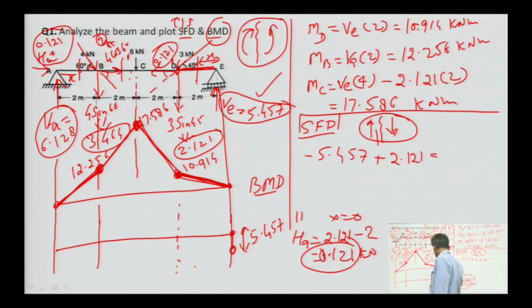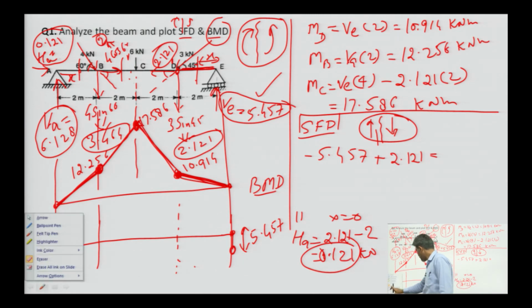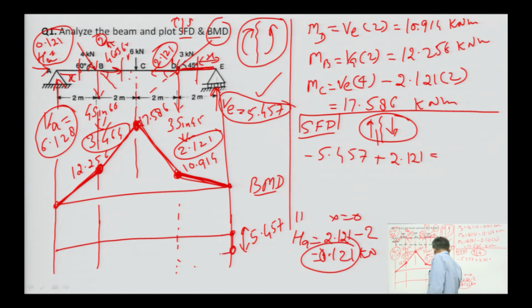Okay. So, we draw a straight line here, and it is going minus; minus will remain the same here. This and this one value, let me calculate: 5.457 minus 2.121.